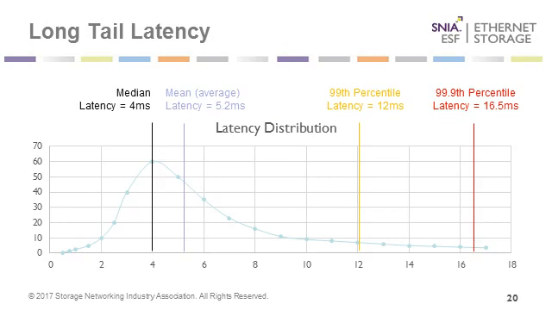One way to measure that is to ask, what's my 99th percentile latency? In this case it's 12 milliseconds, so 99% of the transactions finish in 12 milliseconds or less. But that might not be good enough. I might need to know that 1 in 100 transactions is more than 12 milliseconds. I may need to ask, what is my 99.9th percentile latency? In this case it's 16.5 milliseconds, so 1 out of 1,000 transactions has latency higher than 16.5 milliseconds.